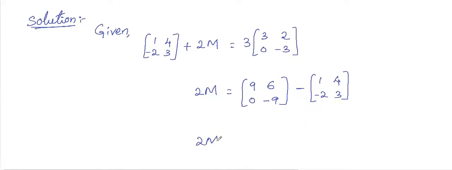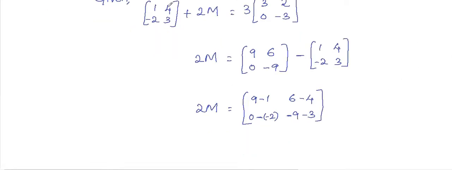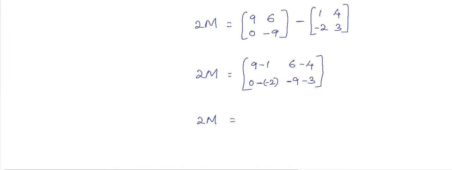So 2M equals, if we subtract these two matrices, we'll get 9 minus 1, 6 minus 4, 0 minus of minus 2, and then minus 9 minus 3. So if we subtract this, we'll get 2M equals to the matrix [8, 2; 2, -12].